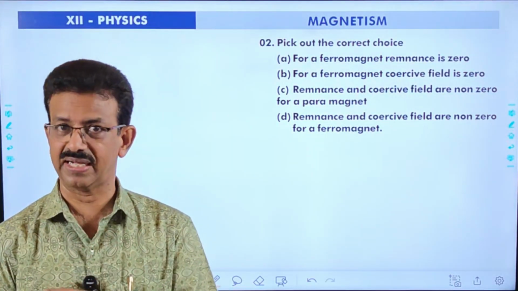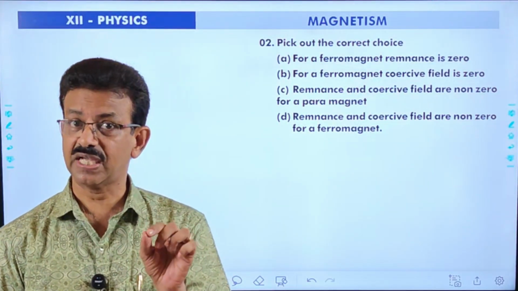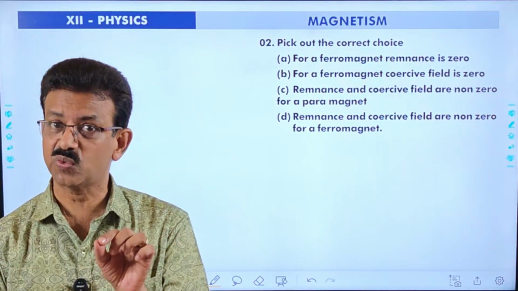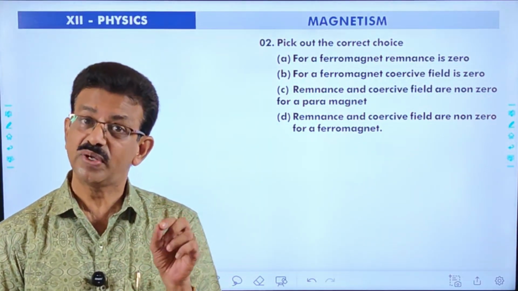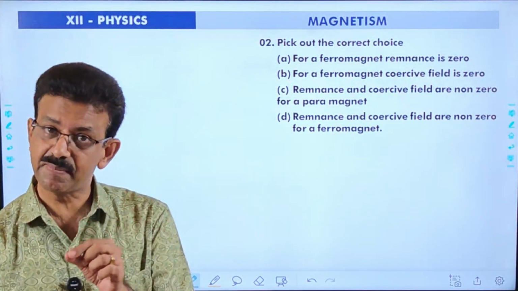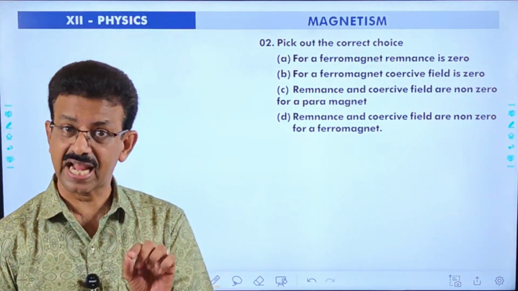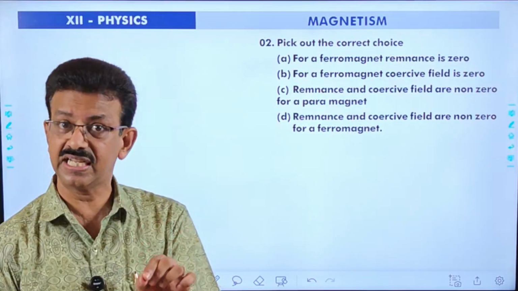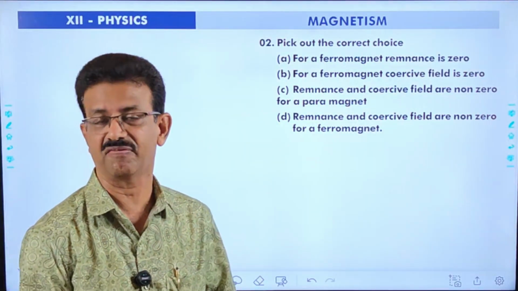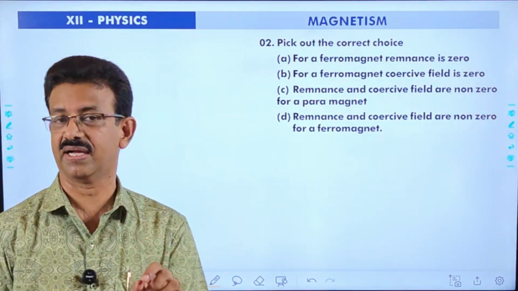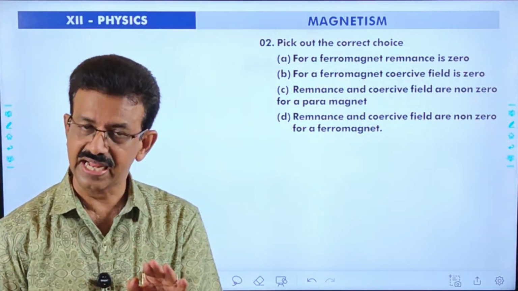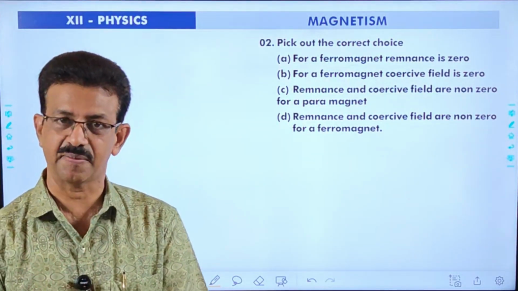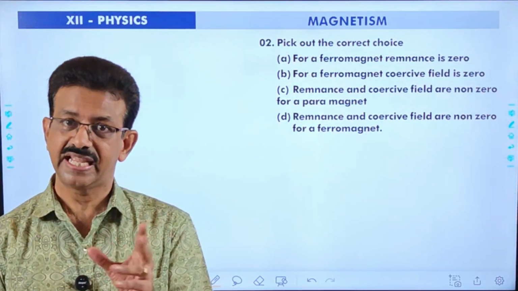Then ferromagnetic. Substances which are strongly attracted towards a region of magnetization, or which can be very easily magnetized, or which can act as a permanent magnet even in the absence of an external field, are ferromagnetic in behavior. In a uniform field, it aligns parallel to the field direction.